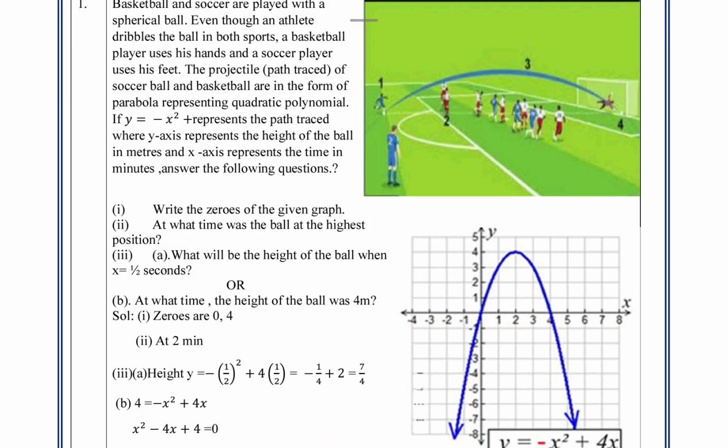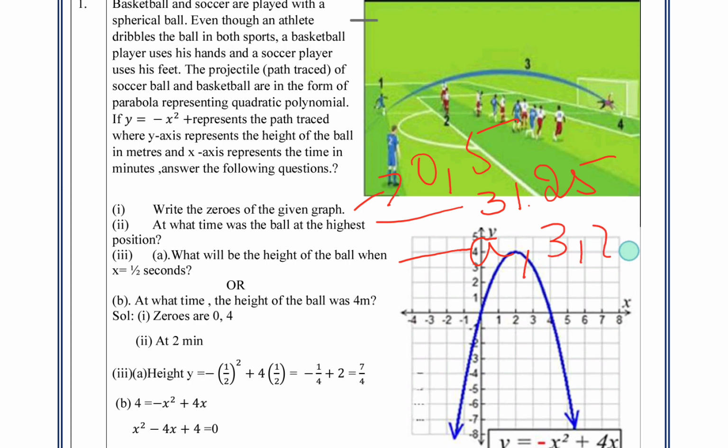For first question it is 0, 5. Second one 31.25 units. Third one A is 3, 2. And B answer is 4, 1.